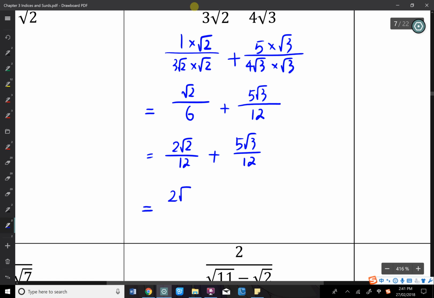And then 2 root 2 plus 5 root 3 over 12. I can't simplify that further. Root 2 and root 3 are different, so I can't add them. Also, there are no common factors, so I can't cancel with anything at the bottom.